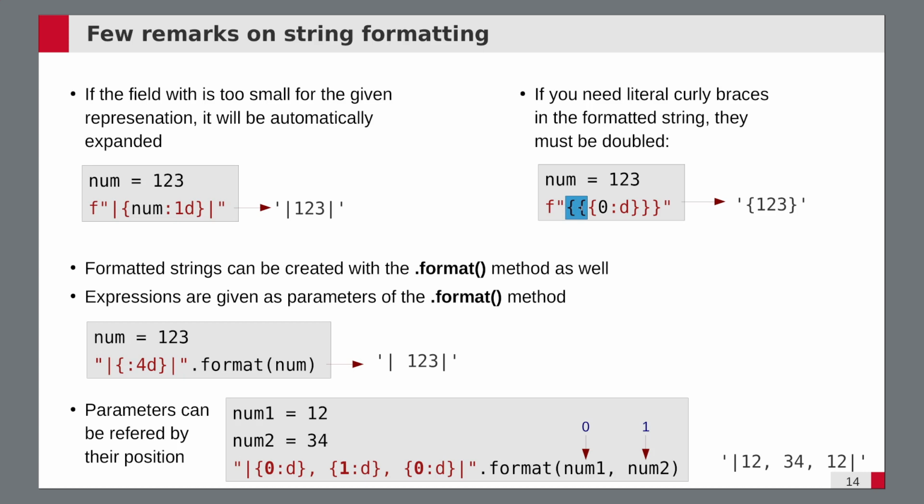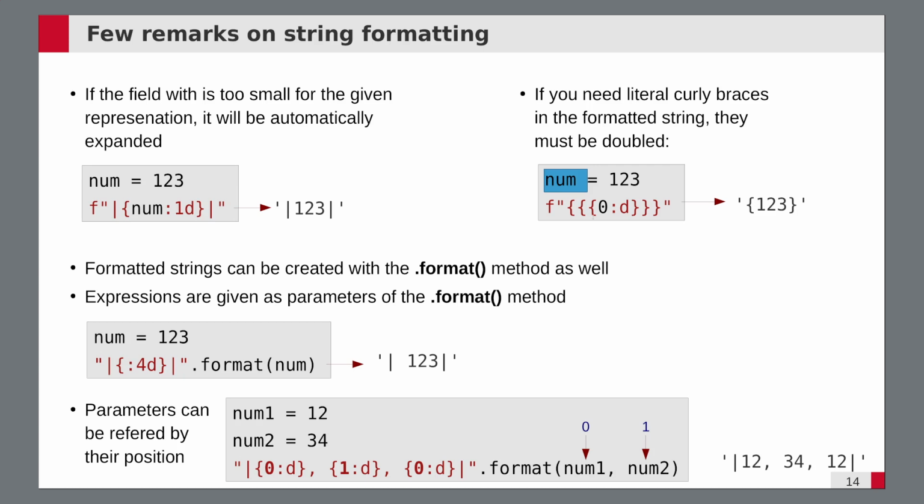So here I make a double opening curly brace, which would create the curly brace character, and then I have a curly brace and an expression in between to tell Python, yes, please evaluate the expression which I have, and then I have here a double curly brace to close it. Okay, and here I have already a mistake, as you can see, because here I should have written num.